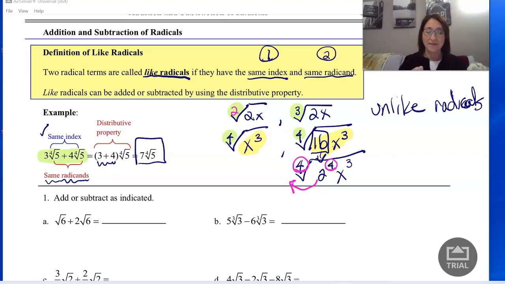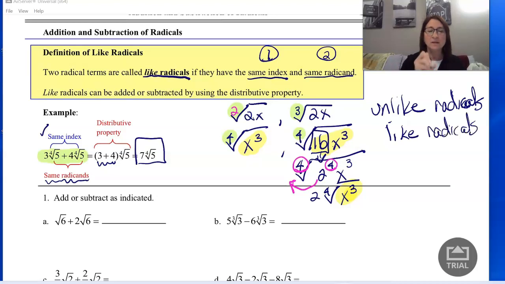And so that then becomes 2 times the 4th root of x cubed. Well, now my radicands are the same. And so these actually are like radicals.